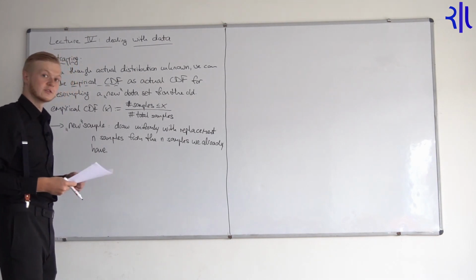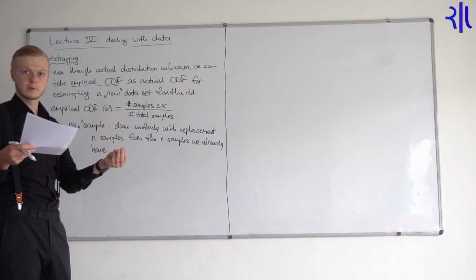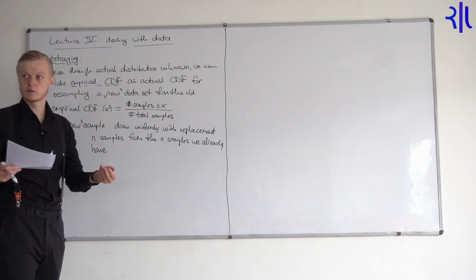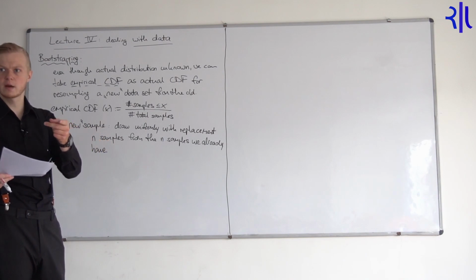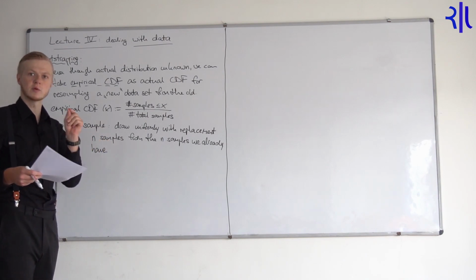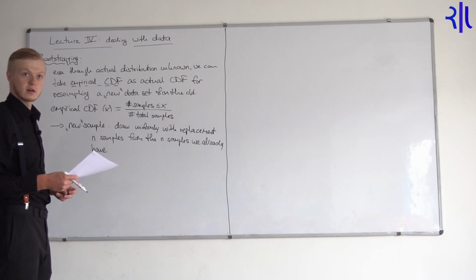So we generate a new sample by drawing uniformly. We consider every sample that we already have equally, so if we have n samples, the probability to pick one of them specifically is 1 over n. And we just draw n new samples.